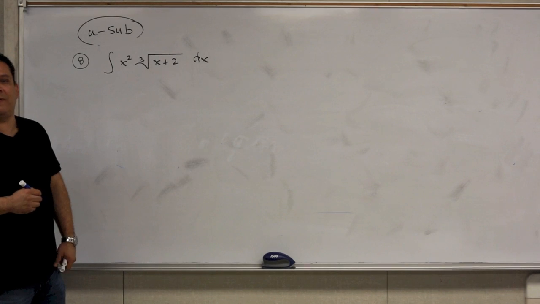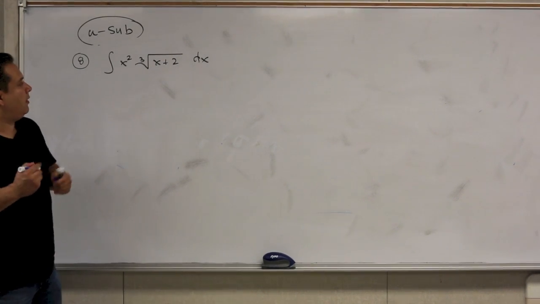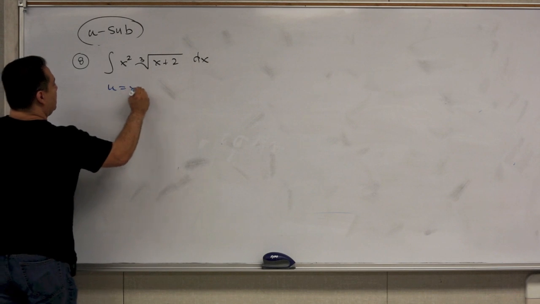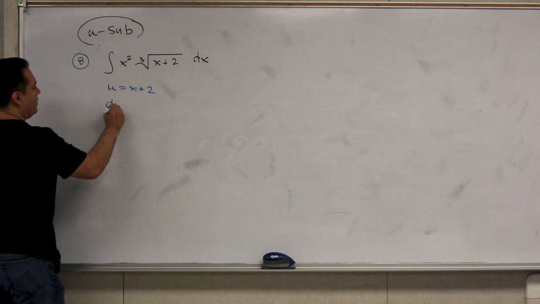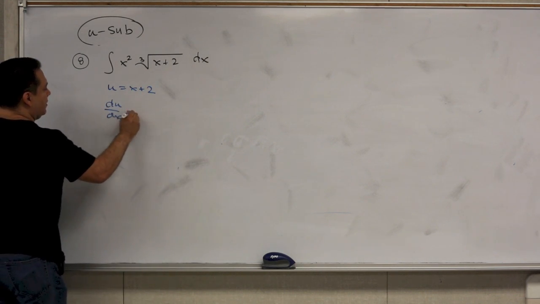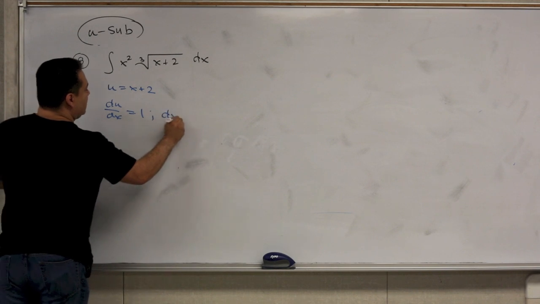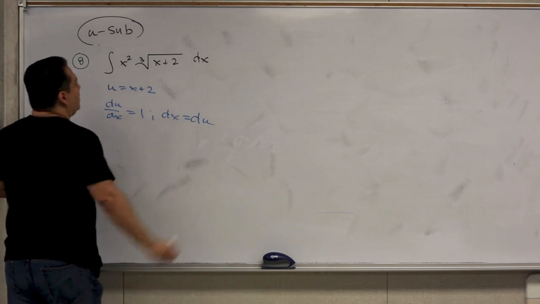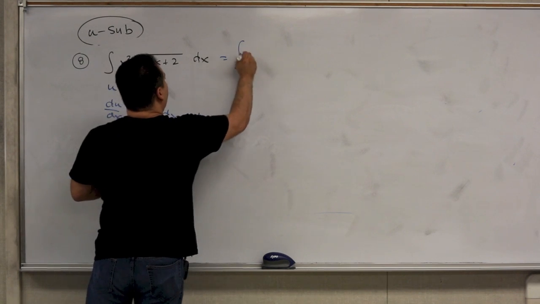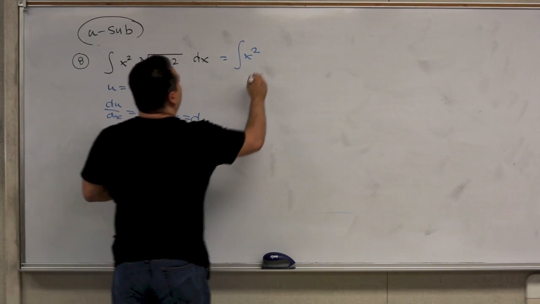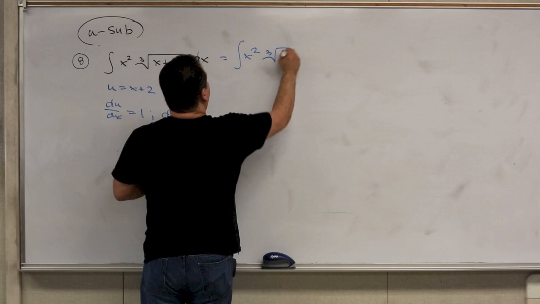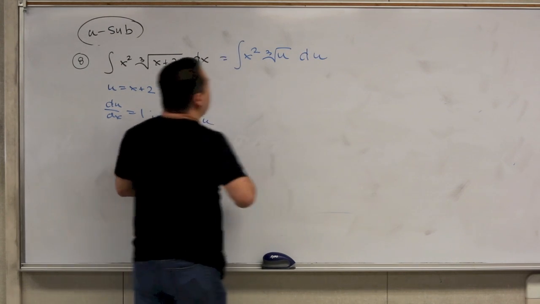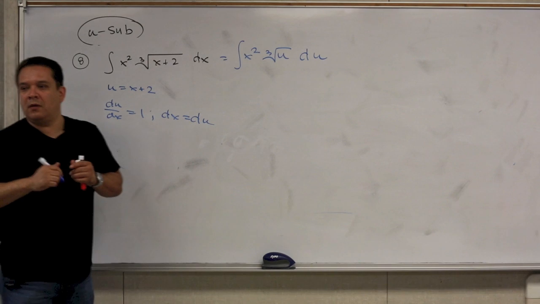What's your inside function going to be? What's u going to be? x plus 2? Okay. Then what is du dx? Is that 1? That means dx is du. Is that true? So I have here the integral of x squared cube root of u, and then my dx is du. And what do I do now?